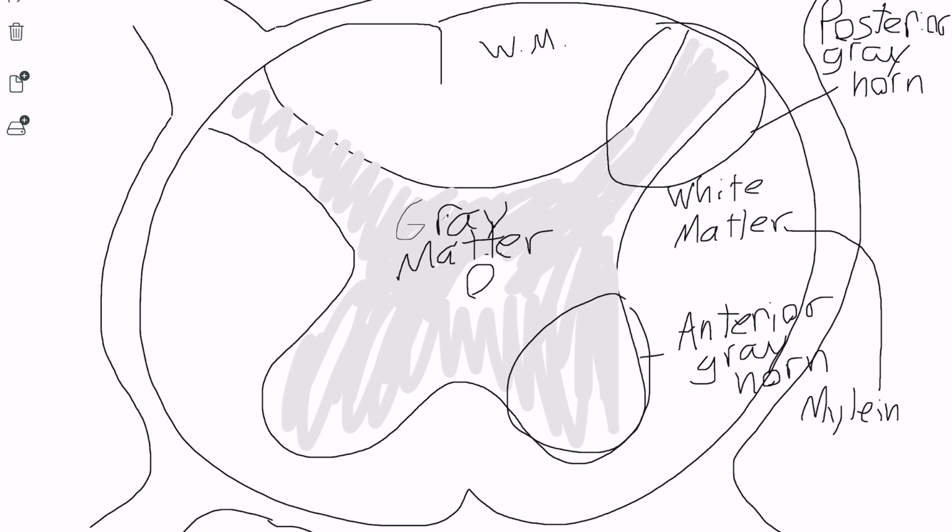Now think about the anatomy of the neuron. What parts of the neuron would this be? White matter has lots of myelin, which is a lipid-rich tissue. It's used to insulate neurons so that they can propagate their electrical signals faster and stronger. And of course, our myelination occurs around our axons.